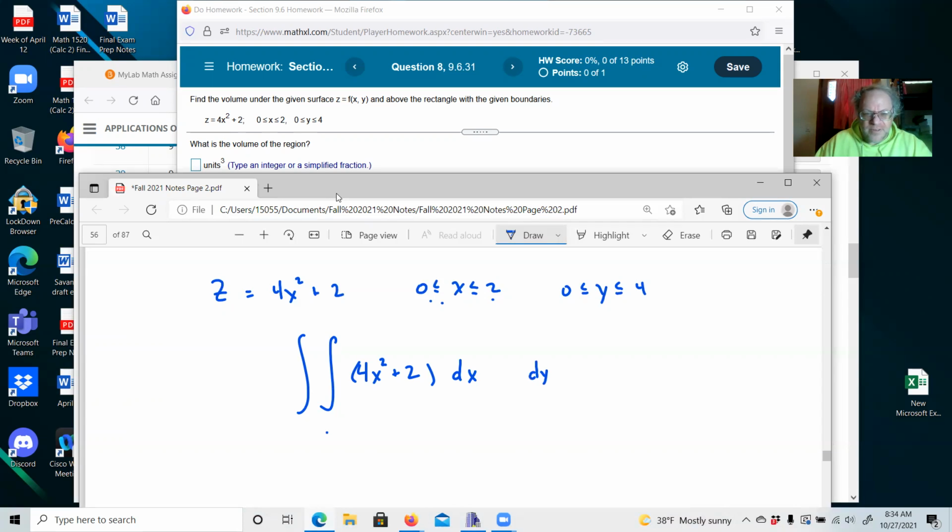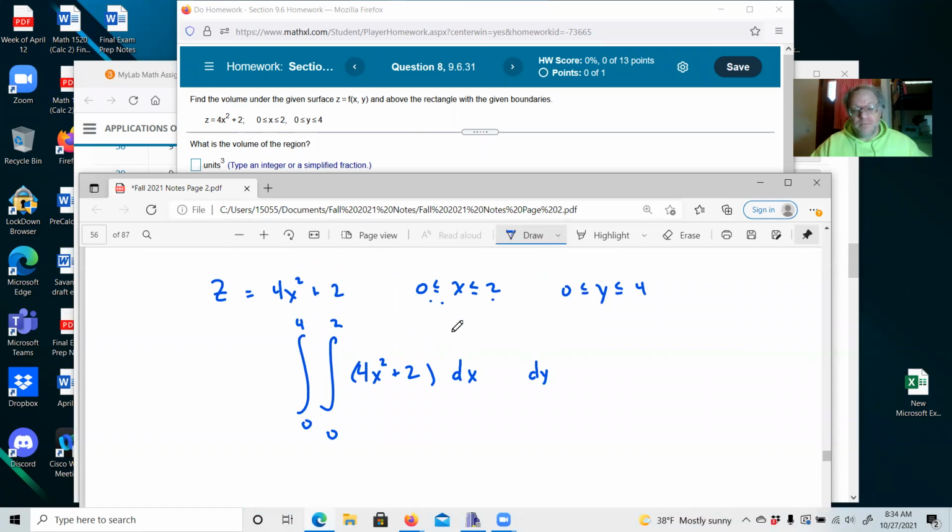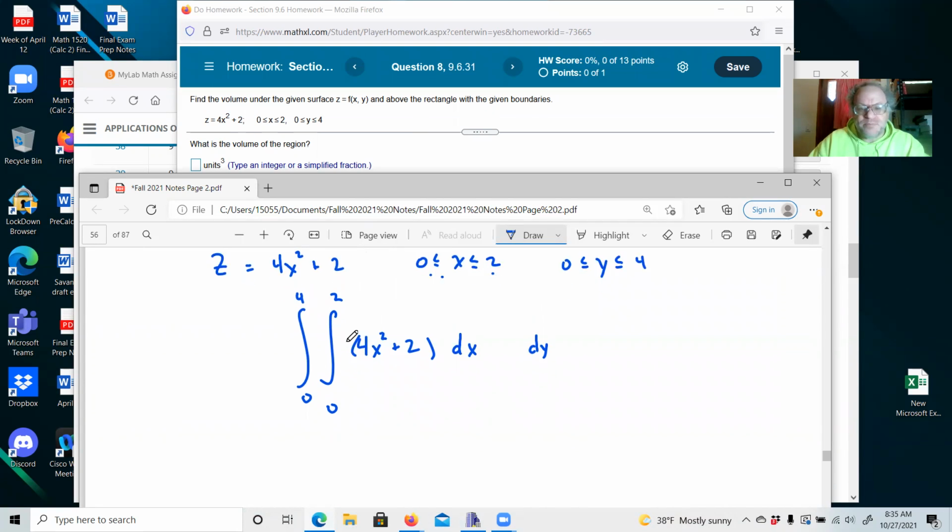Let's go ahead and do it this way. I'm going to write my x's here, from 0 to 2, and this goes from 0 to 4. It doesn't matter which order you do this in, but I don't like the bigger numbers, so I'm going to get rid of this first, then tackle the y, which will be a slightly smaller operation when I get to the y part.